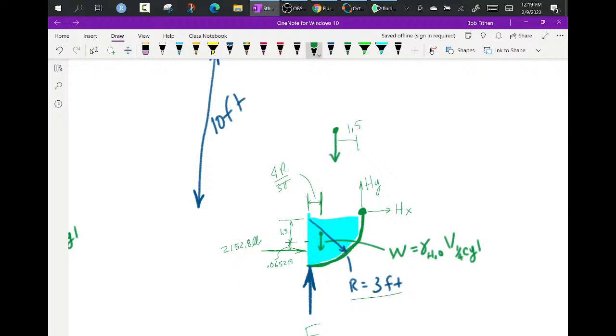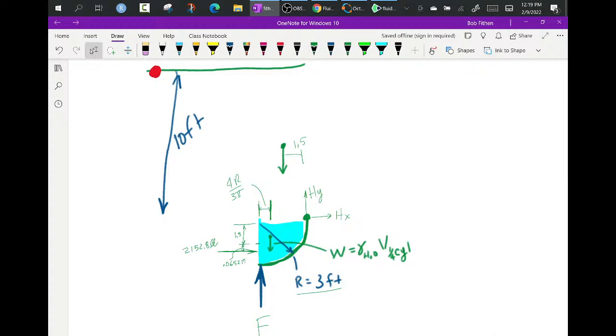Now, I have 2 other pieces of information. One is the weight of this one, which is 62.4 pounds per cubic foot, times the volume, pi r squared, but r is 3, over 4. Why over 4? Because you don't have 3 of those. It's only a quarter circle.